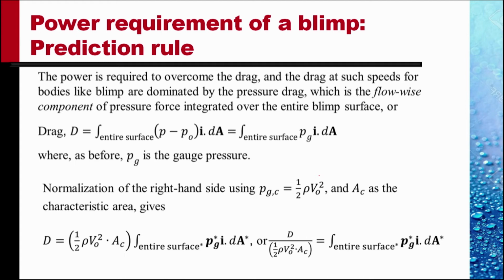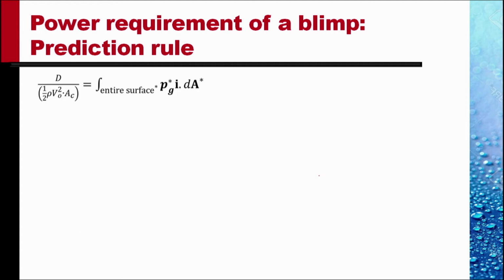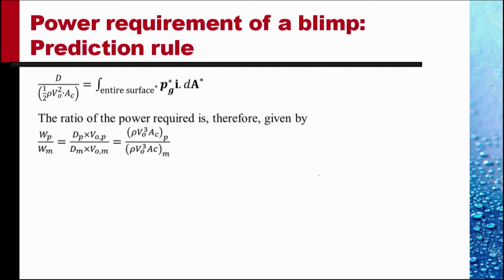So if the flows are similar, the model flow and the prototype flow, then the value of this integral would be identical in the two cases. So drag divided by 1/2 rho V naught square times the characteristic area should be the same in the model as well as in the prototype. The right hand side is the same, so the left hand side must be the same. So drag would be proportional to rho V naught square times the area.